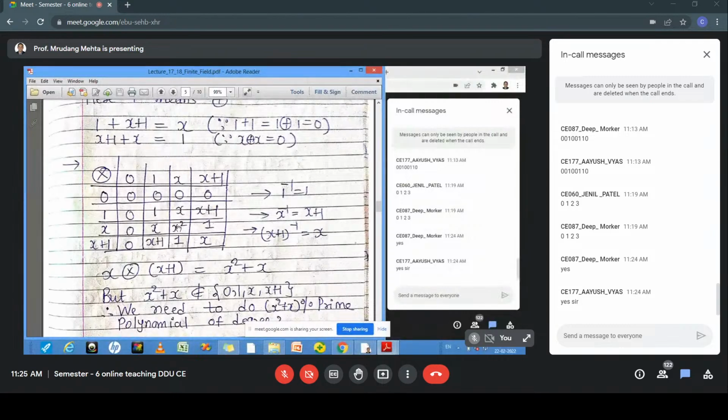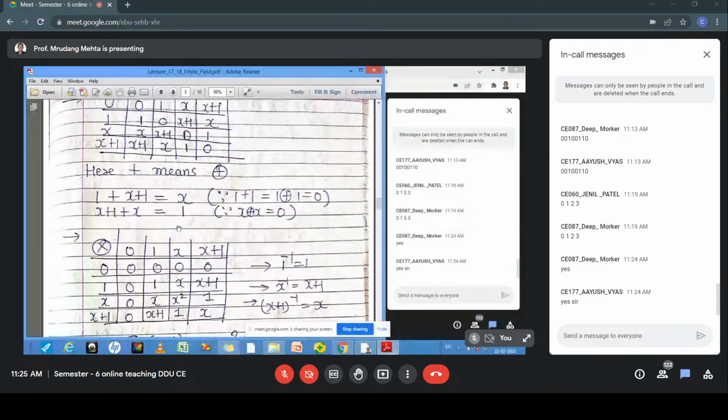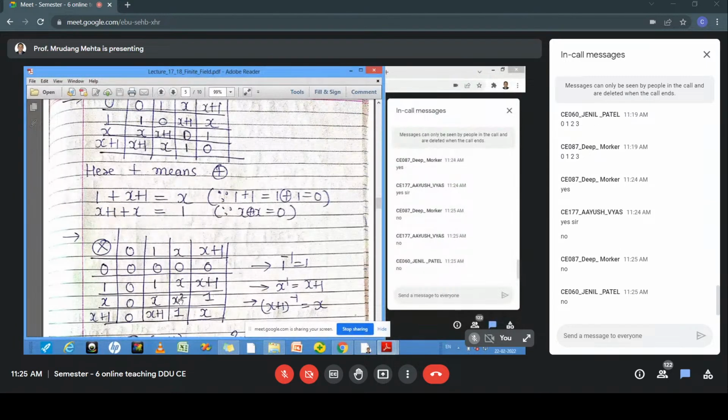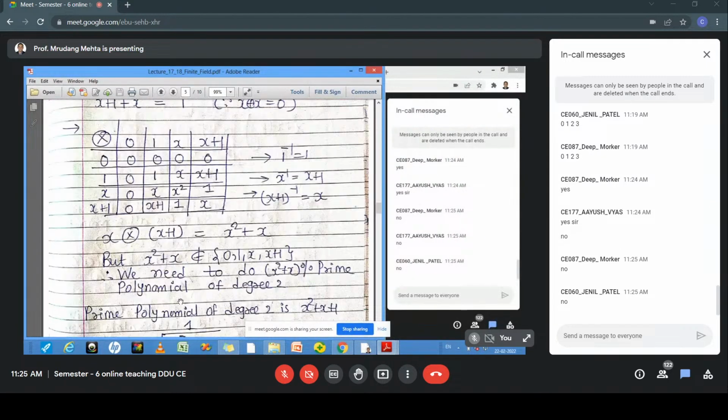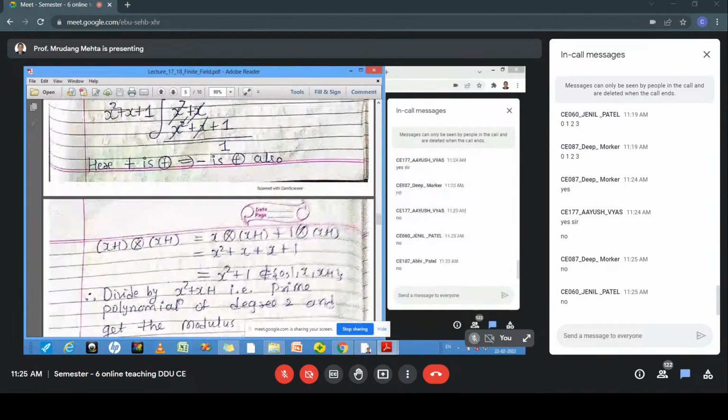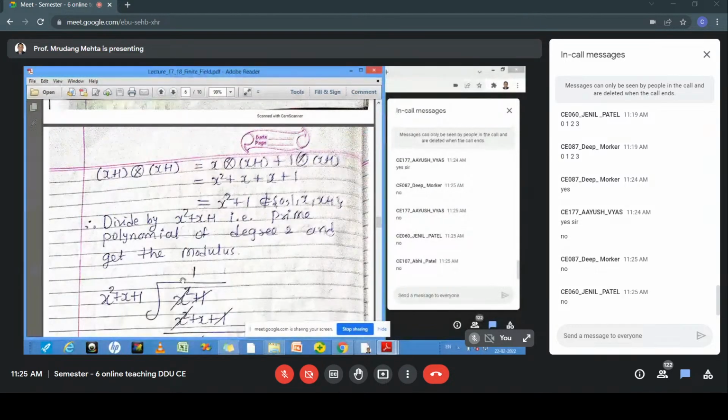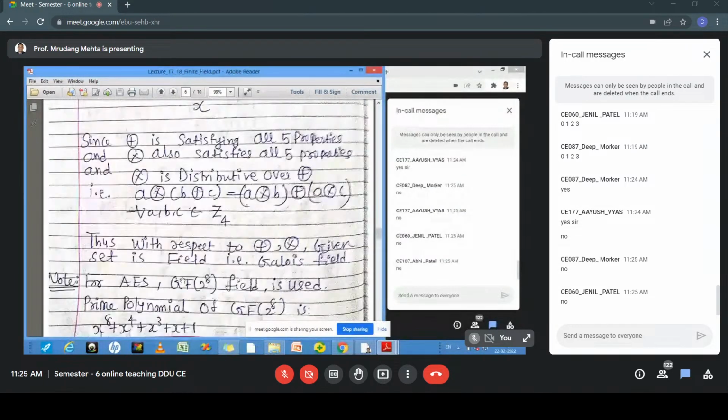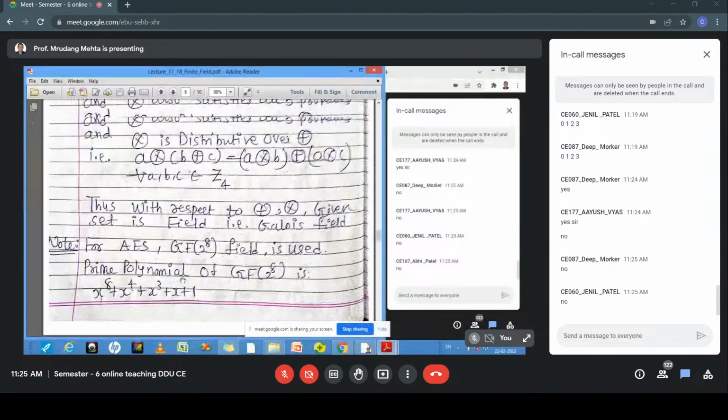But is x square a member of GF4? Is x square a member of the set? So what we have to do is we have to divide it by the polynomial, right?